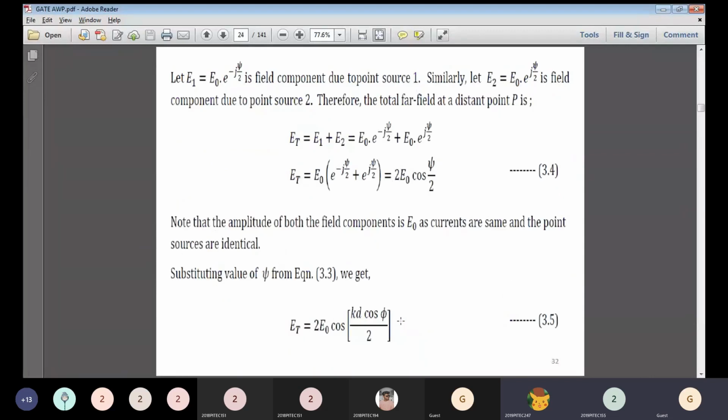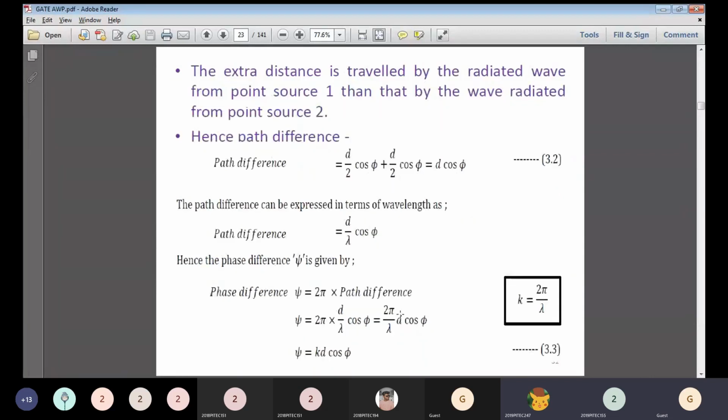We can consider 2 pi by lambda equal to K. We can also take beta instead of K. Beta equals 2 pi by lambda, or K equals 2 pi by lambda. So simply replace that.